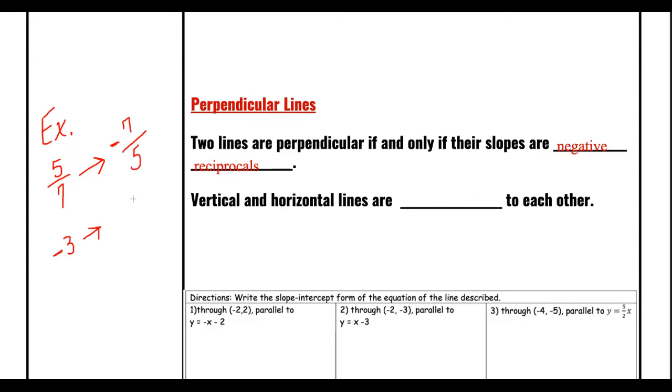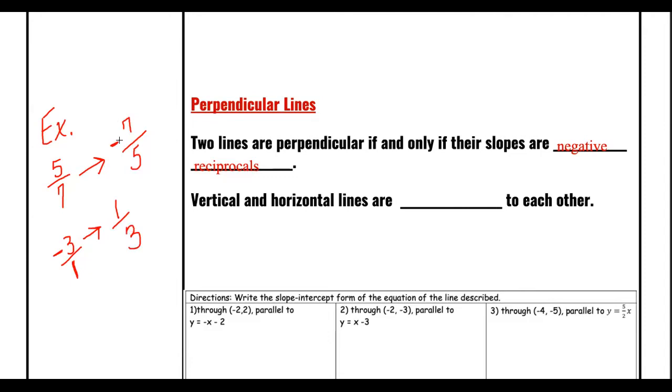The negative reciprocal would become positive, right? Because they're opposite. But you also have to flip the fraction. And you're probably thinking, but there is no fraction right here. And so what you would do is make it a fraction by putting 1 on the bottom. And now the reciprocal becomes 1/3. Okay. So that's an example of how you do negative reciprocals.